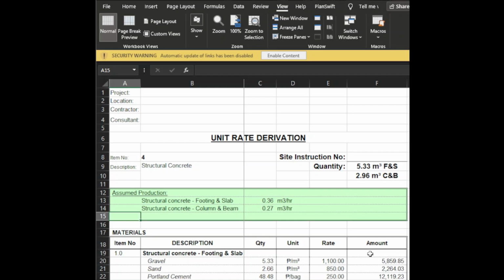Then we will have the assumed production of excavation, then we have the embankment and also the laying, and also some other items that are included in that derivation.